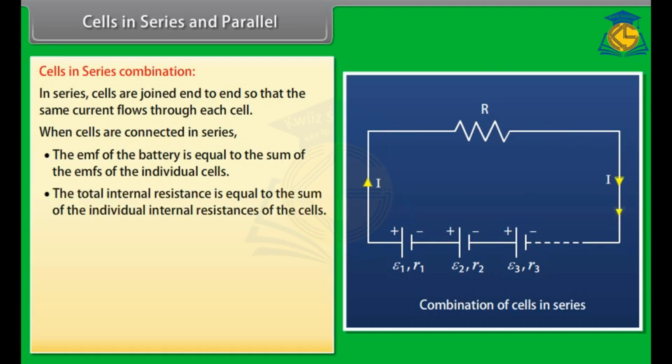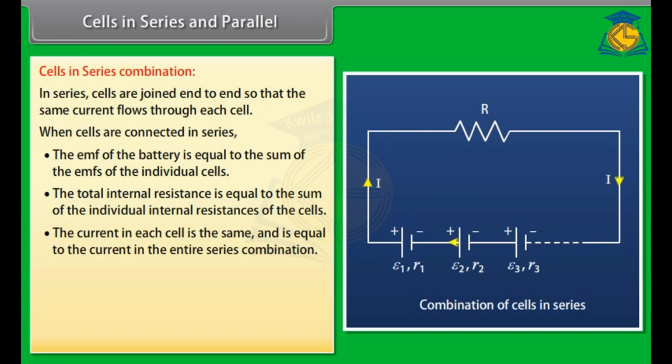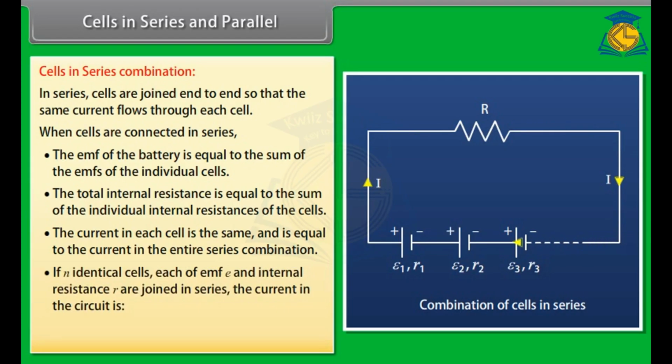The total internal resistance is equal to the sum of the individual internal resistances of the cells. The current in each cell is the same and is equal to the current in the entire series combination. If n identical cells, each of EMF E and internal resistance R, are joined in series, the current in the circuit is equal to nE divided by (R + nR).